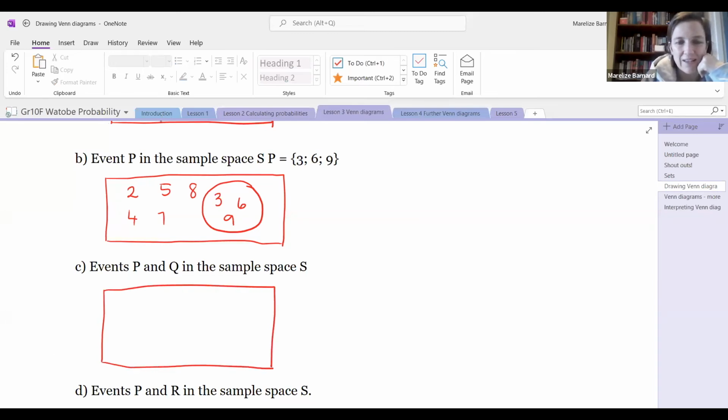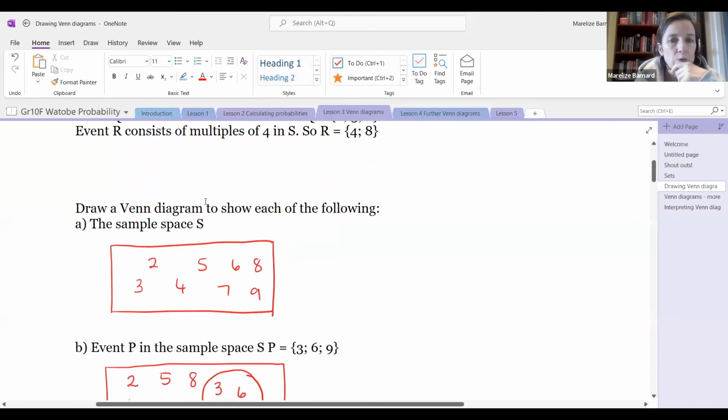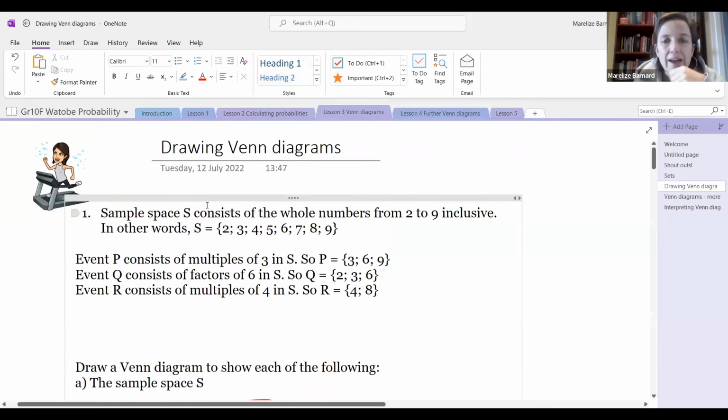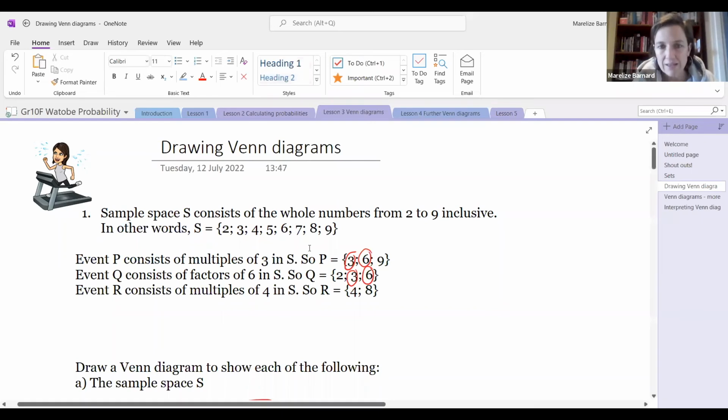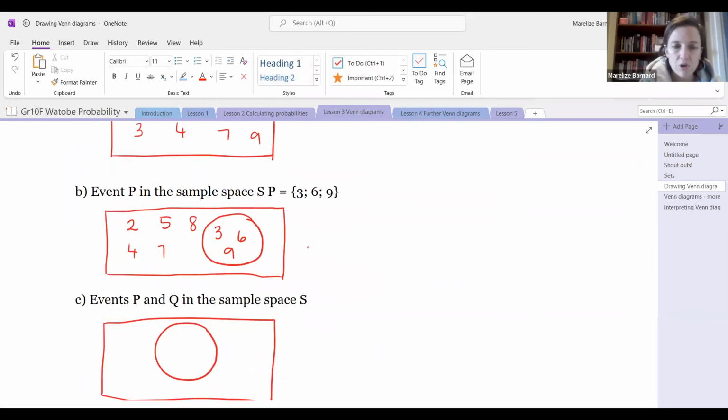So we've got event P. Now, before you draw Q, you have to check, do they have anything in common? Well, yes, they do. They have 3 and 6 in common. So what did we say when there's that overlap? Our circle for P and our circle for Q are going to have to show that overlap, so they are going to cut.